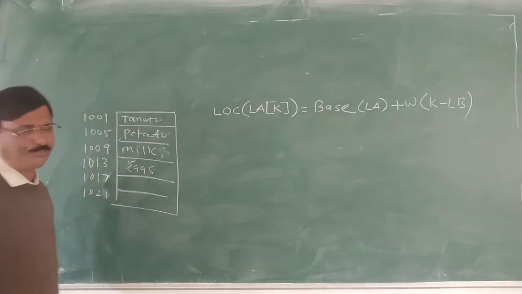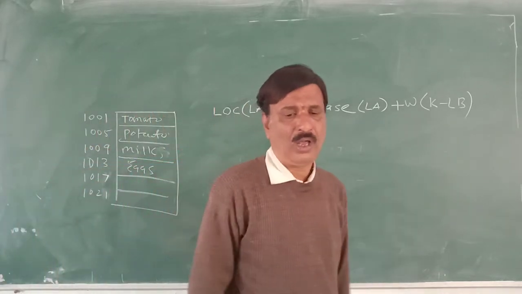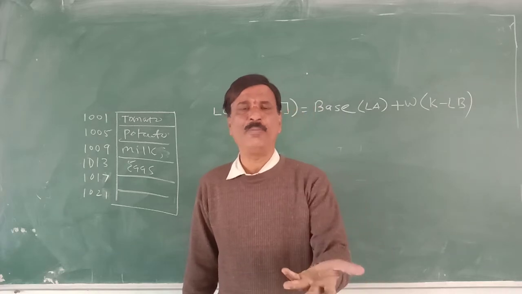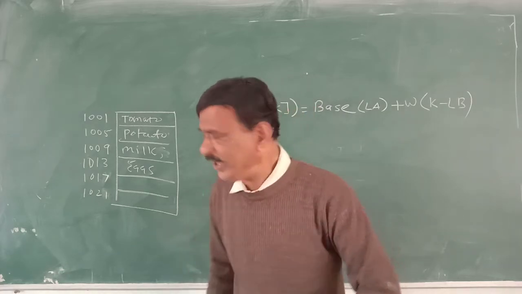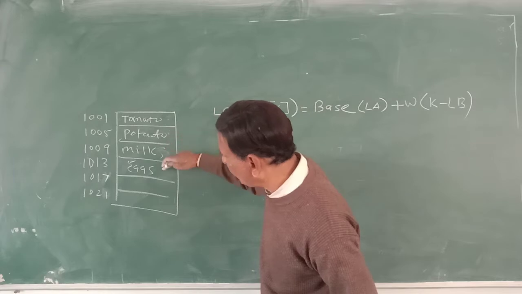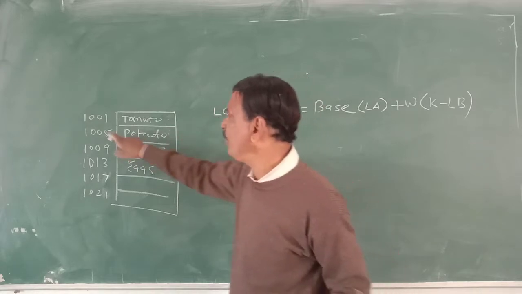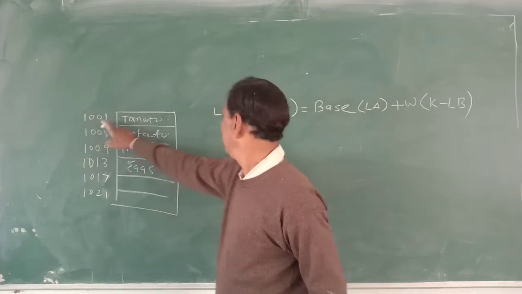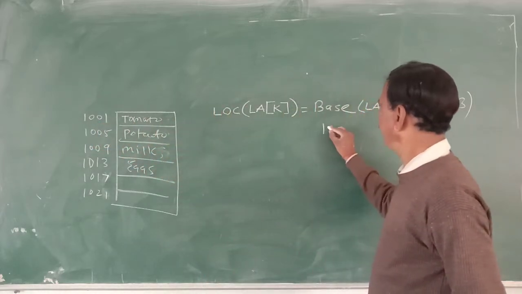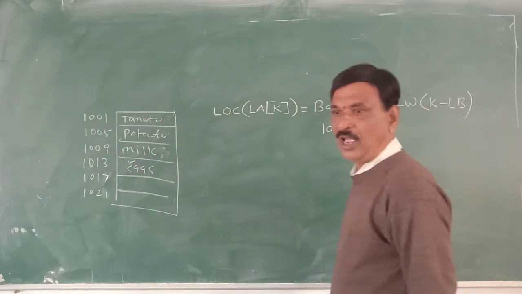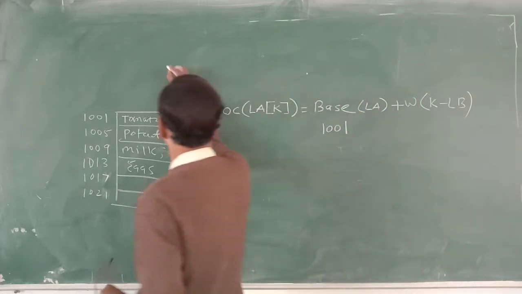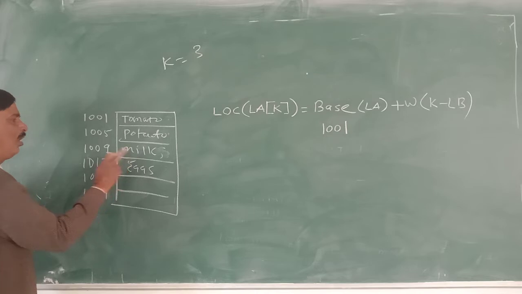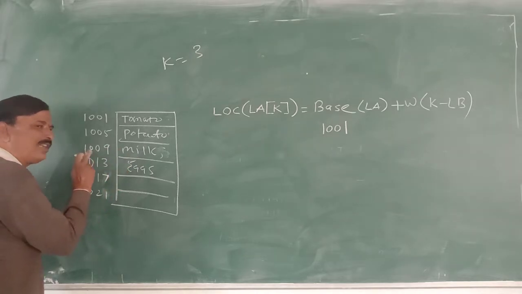Now, as we have seen, the list can be organized in memory by storing the elements in consecutive memory locations. We need not remember the address of all; we need to remember the address of the first, that is the base. Now suppose K is 3, the third element is milk, and we want to calculate this address.